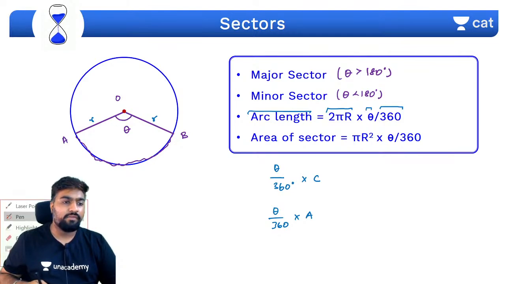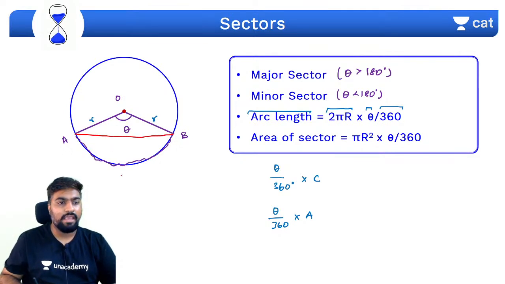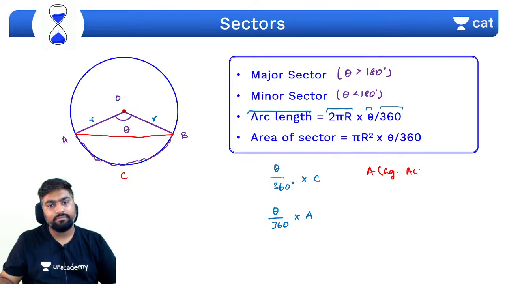Now if you want to find the area of the segment, let's say ACB, the area of segment ACB is nothing but the area of the sector minus the area of the triangle formed, which is AOB.